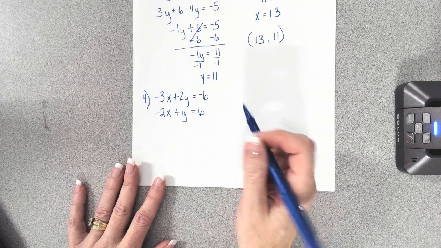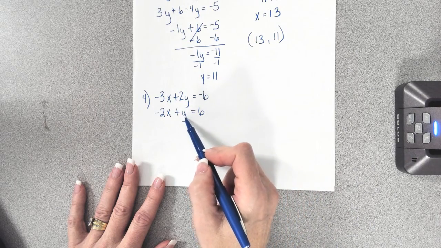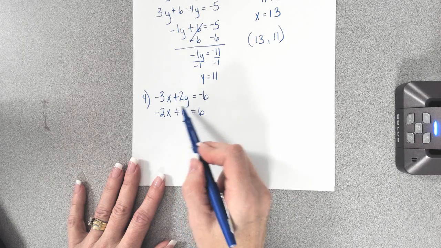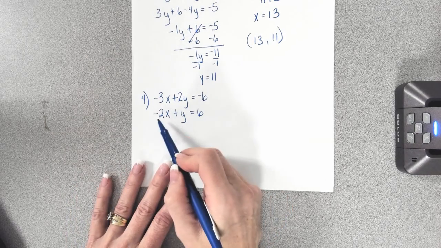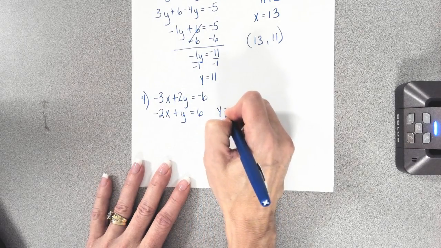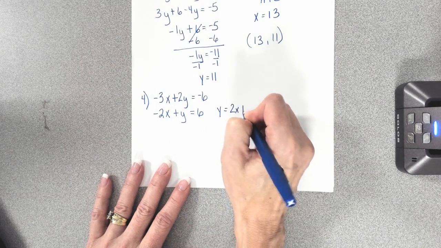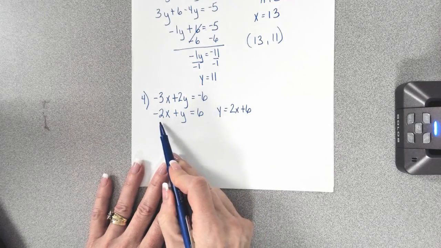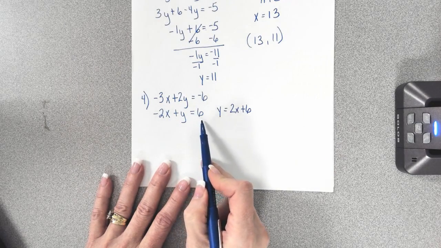Let's go for the easiest one. The second equation already has a y standing alone, so I could just simply move the 2x to the other side. And remember, we talked about if it's negative here, we add it to both sides. So this will become y equals 2x plus 6. It's changing its sign when it moves.